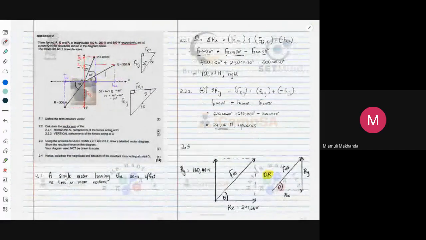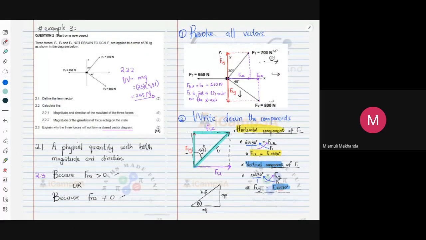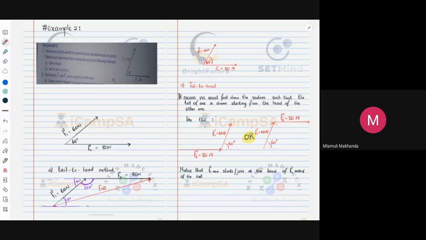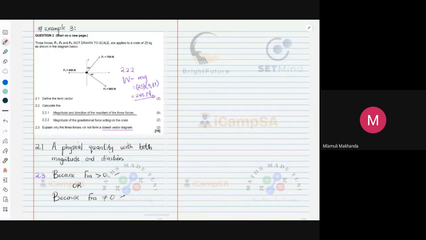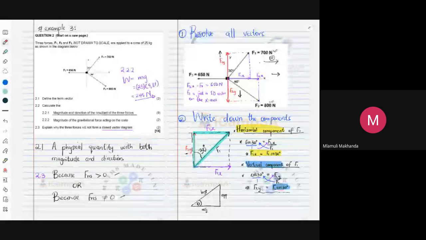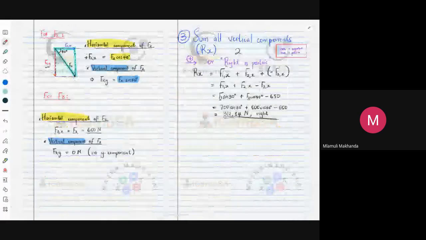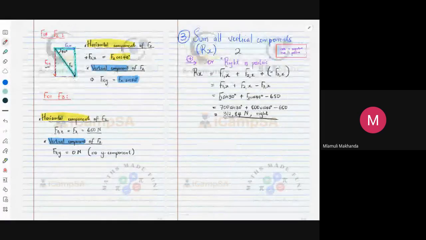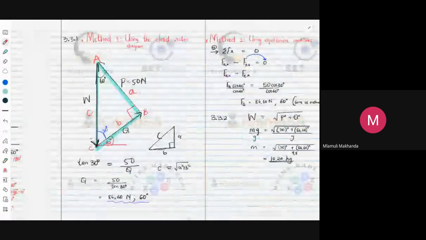We once did an equilibrium question. Okay, guys, I'm struggling to find that example. There was an example on equilibrium you once did. Wait, is it this one? Oh yeah, it's this one.